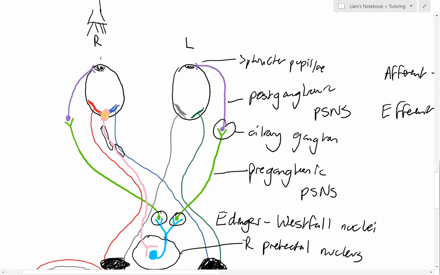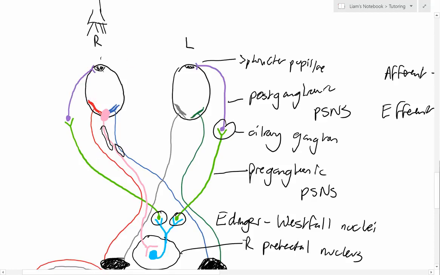The signal is detected by the IPGC, travels down the optic nerve, heads to the pretectal nucleus, branches go to both EW nuclei, but then if there's a lesion here, what we'll see is that the right eye won't constrict, so you won't get a direct pupillary response, but because the signal has still gone to the left side, you'll still get a left pupillary response, so you'll still get a consensual response. So this indicates that there's a lesion a little bit further up in the motor part of the reflex.